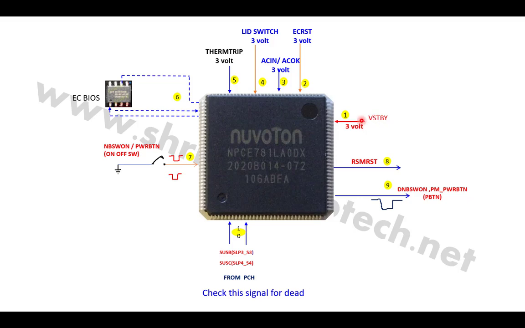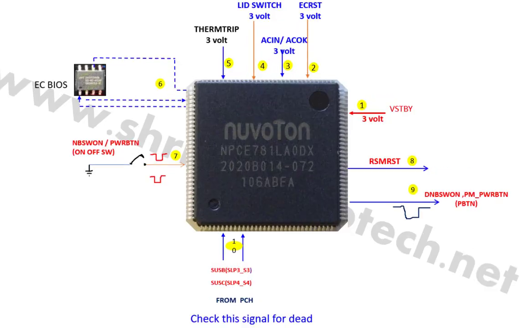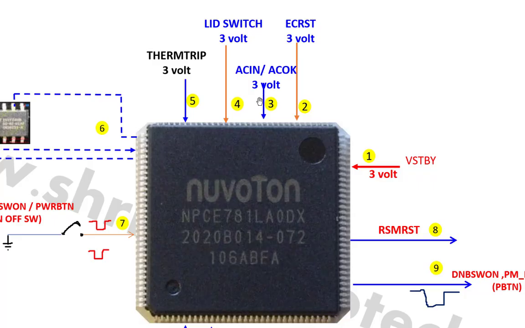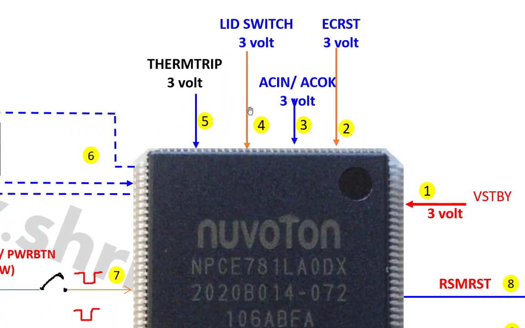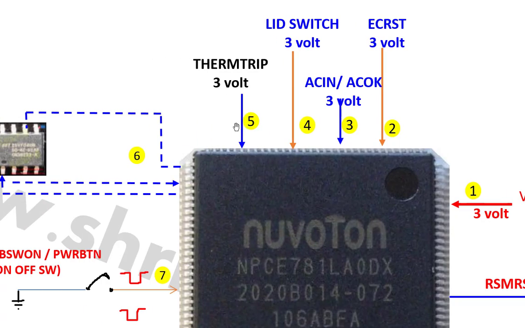Then number 2 is that SIO requires a reset signal, so you have to check this reset signal, that is also 3 volt. Then the third is the AC in signal, so you have to check this AC in signal, that is 3 volt. And then the lid switch signal, that is also 3 volt, and then the thermal trip signal, that is also 3 volt.